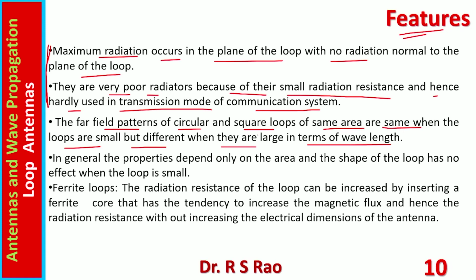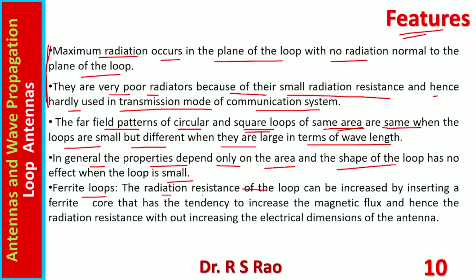The first part of the third point says circular loops and square loops give the same far field patterns when their areas are the same, but this is not so when the loop itself is large. In general, the properties depend only on the area, and the shape of the loop has no effect when the loop is small.